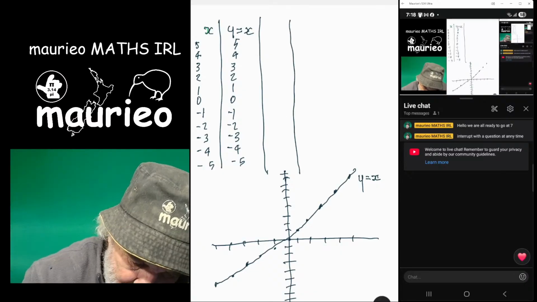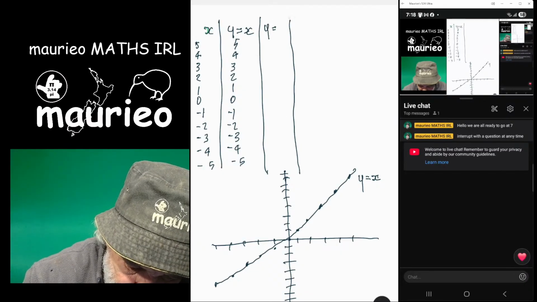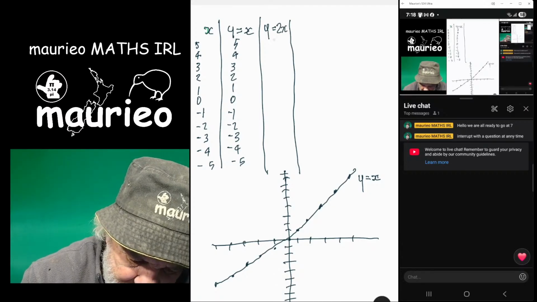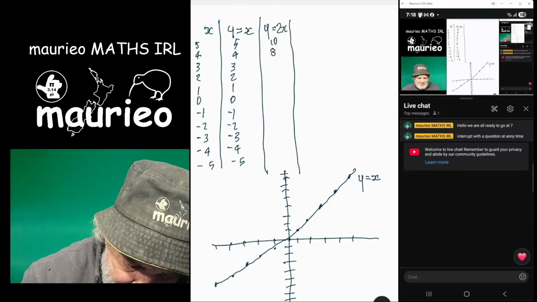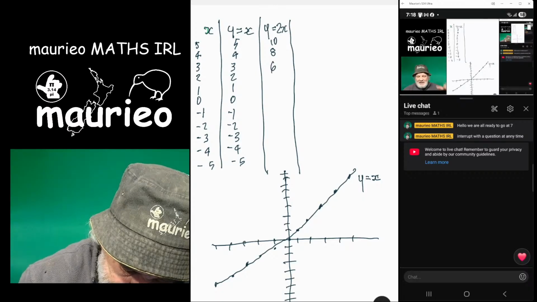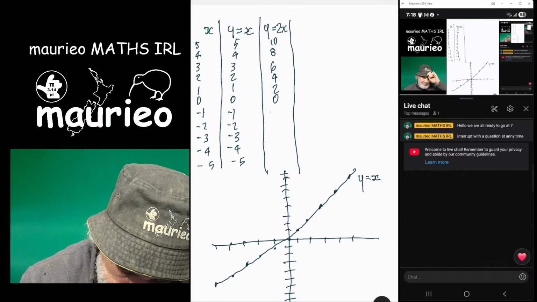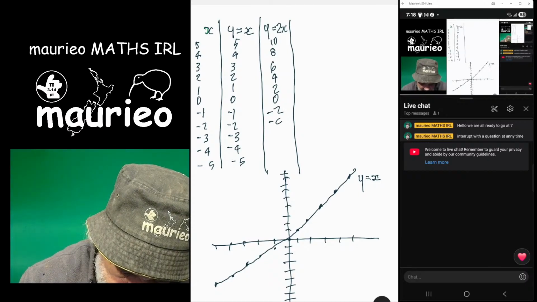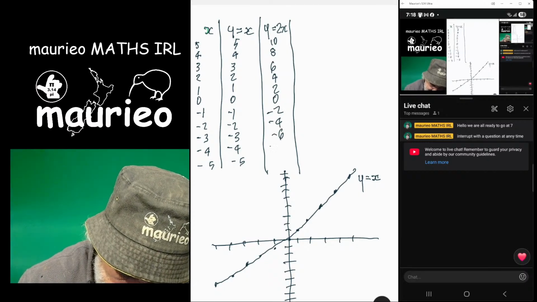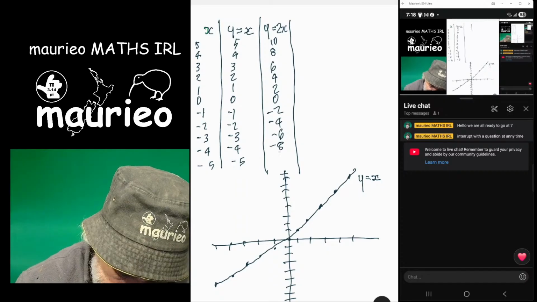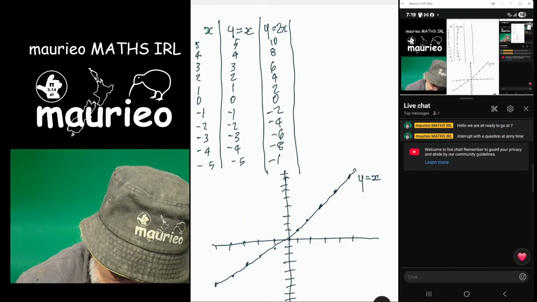So what happens if y equals 2x? Well, we'd just go 10, 8, 6, 4, 2, 0, negative 2, negative 4, negative 6, negative 8, negative 10.